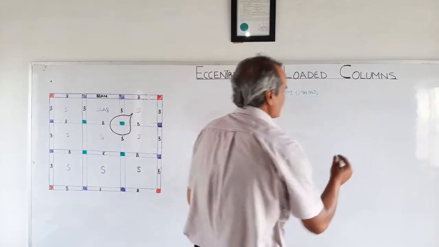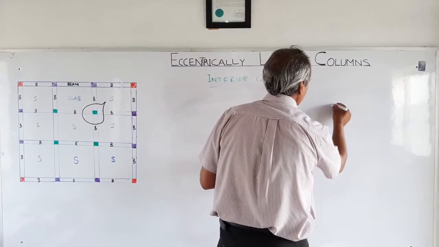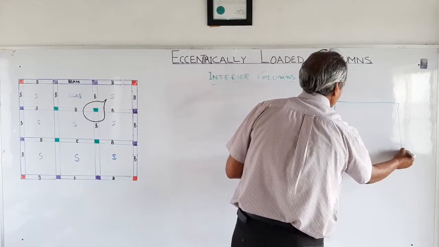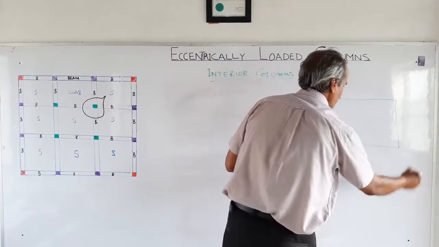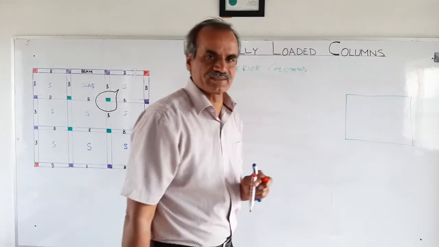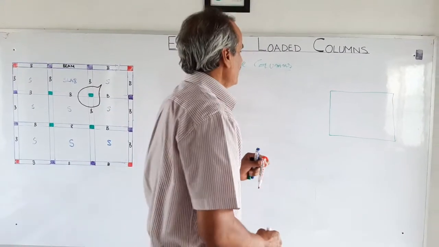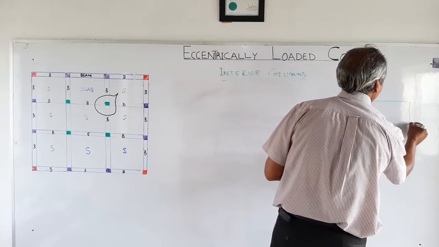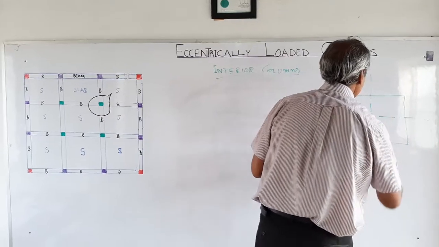That is, if this is the column cross section, and by the way, we have taken all the columns as square columns over here, so that their moment of inertia about both axes, the x-axis and y-axis, are the same. Say this is the x-axis and this is the y-axis.